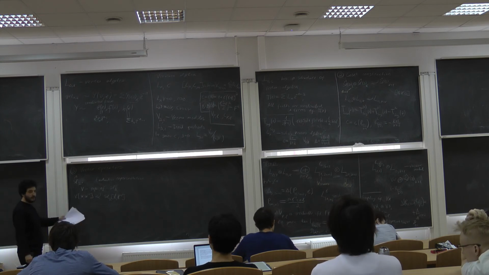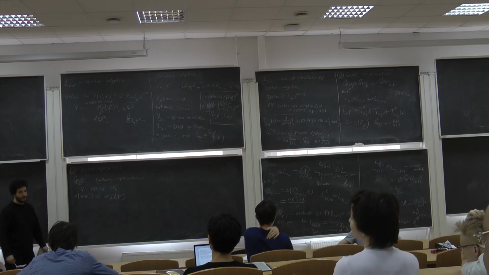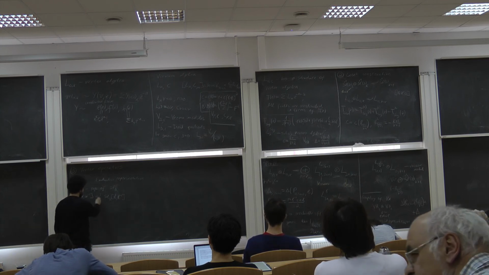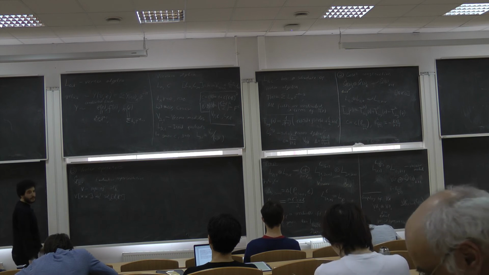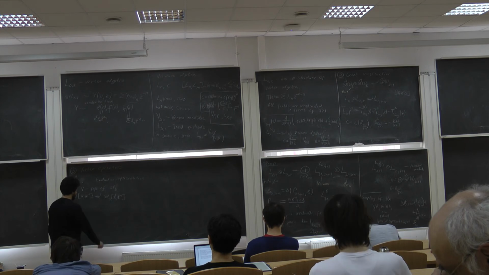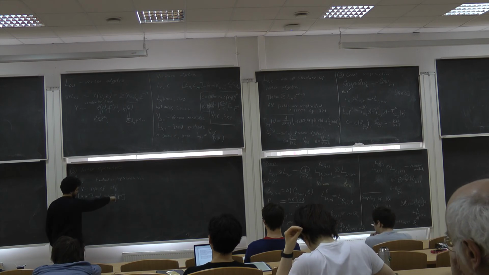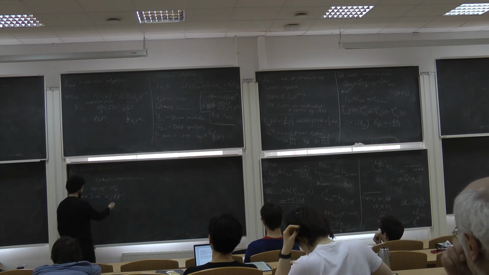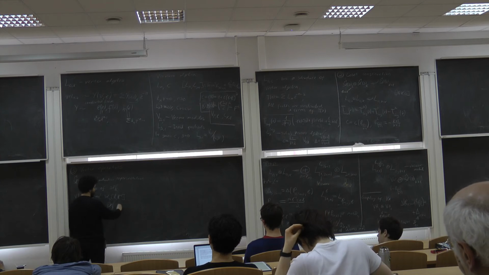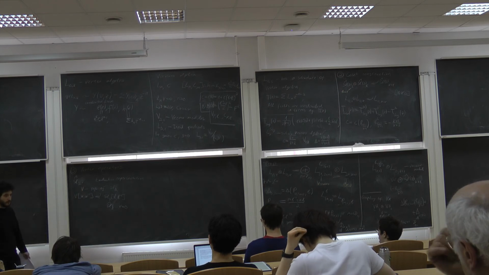Because I will have many w's, but t is somehow a part of sl2 for me. Maybe the easy explanation is I have bad notation. For this representation of the current algebra, you can write power series here, and you'll have power series here. If you think about this as a representation of the affine algebra, then the corresponding level is just equal to 0. So we have all levels of representations.